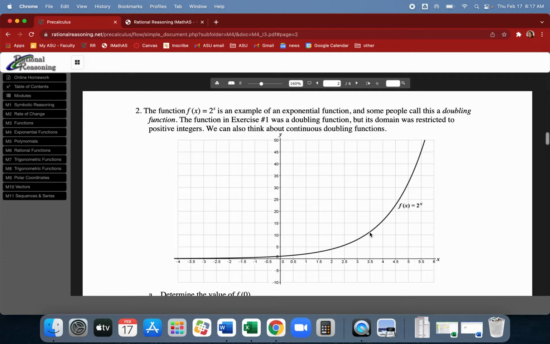So regardless of the fact that maybe I don't know what 2 to the 2.5 power is, or 2 to the 3.5 power is, I know they're 1 unit apart, so it should be 1 factor of 2 greater.